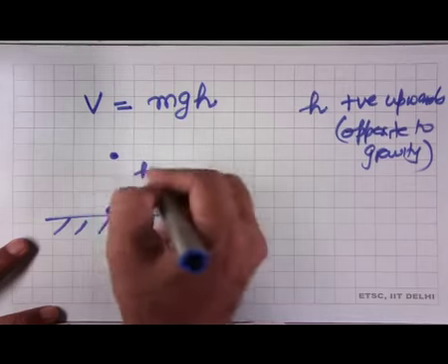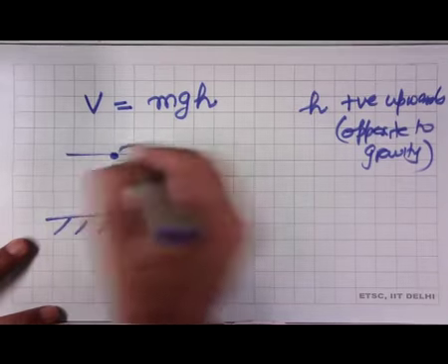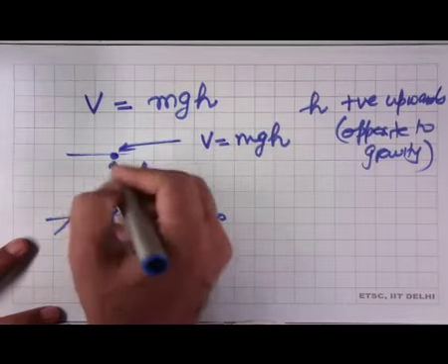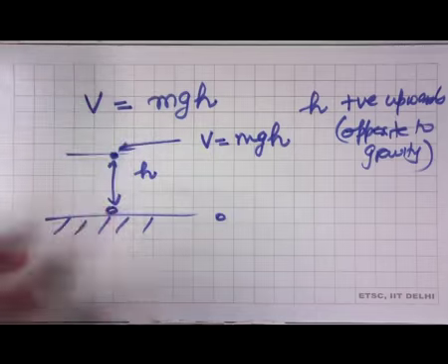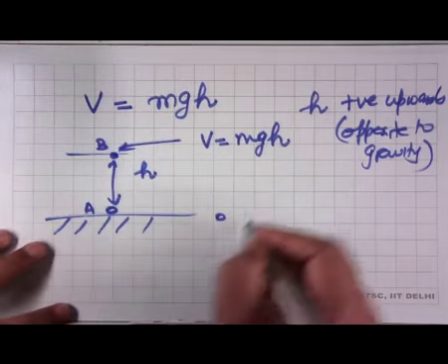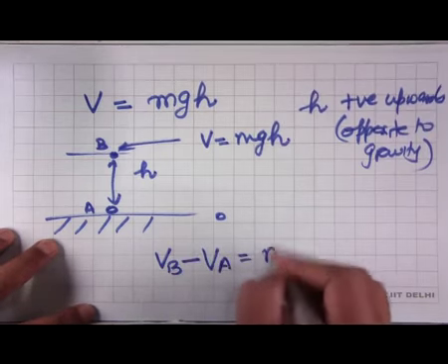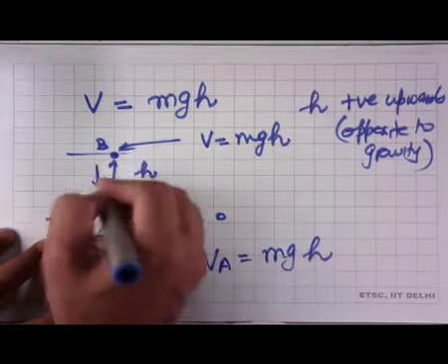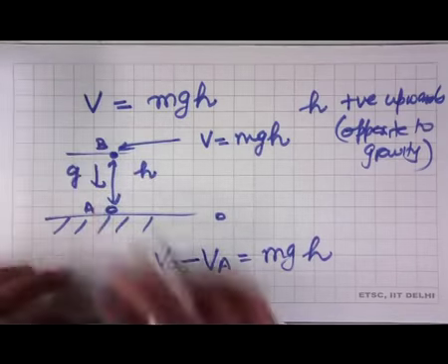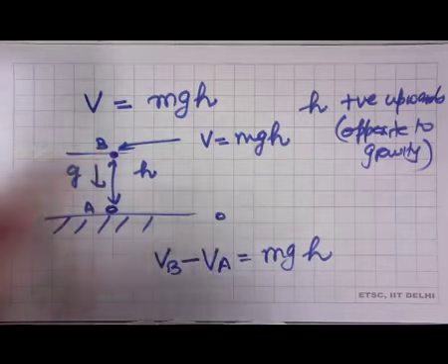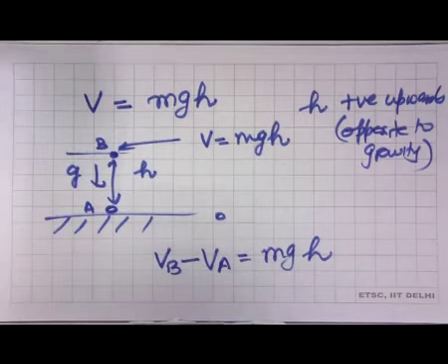If we are at a height h, then at this position the potential energy we can call mgh. Basically the difference of potential energy, Vb minus Va, is equal to mgh, where gravity is acting downwards. h is the vertical distance between point A and point B. So this is how we calculate the potential energy due to gravity force on Earth.